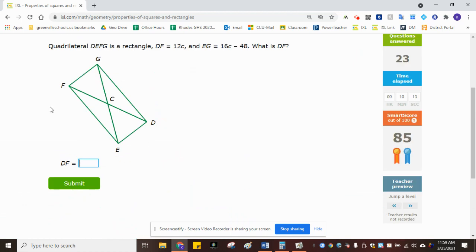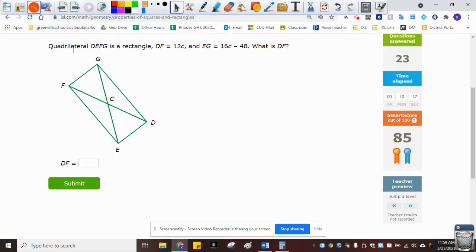All right, DF, this whole line, D to F is 12C. E to G is 16C minus 48. And remember, with rectangles, your diagonals have to be congruent, so those two have to be equal. So 12C has to equal 16C minus 48.